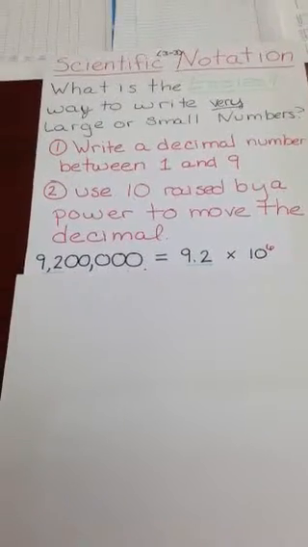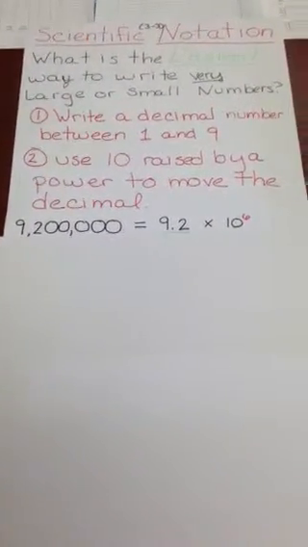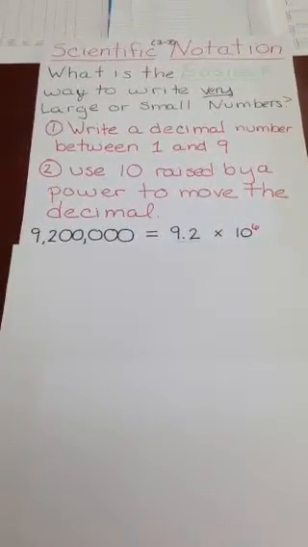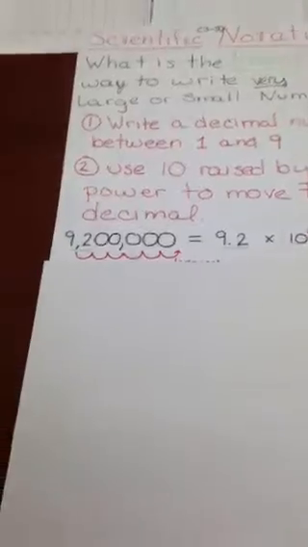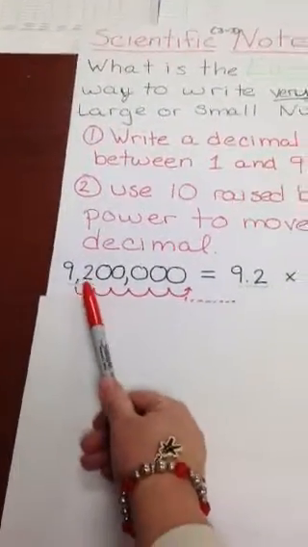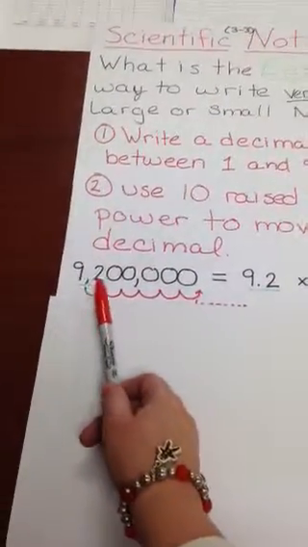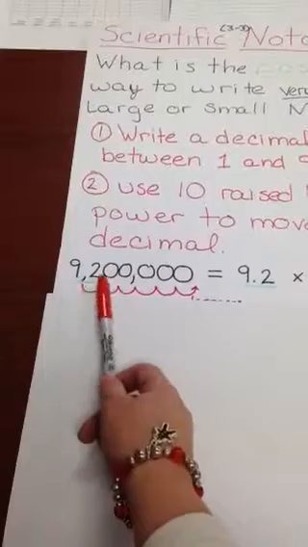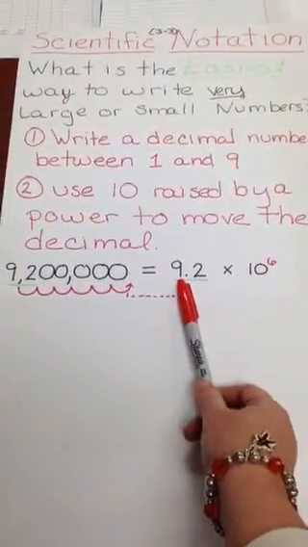If I have a number like 9,200,000, I can write all of those zeros, or I can recognize right here that all of my non-zero numbers are 9 and 2. And so I've underlined that with green. So instead of writing 9 and 2, I take my non-zero numbers and I write them as a decimal number between 1 and 9.